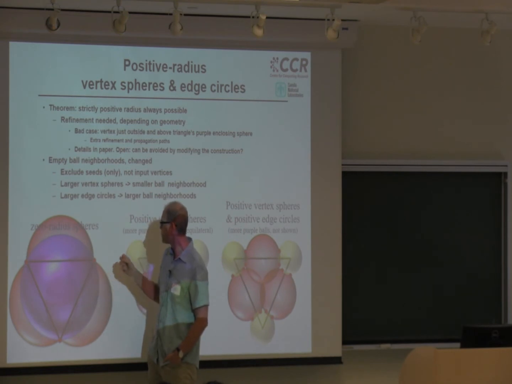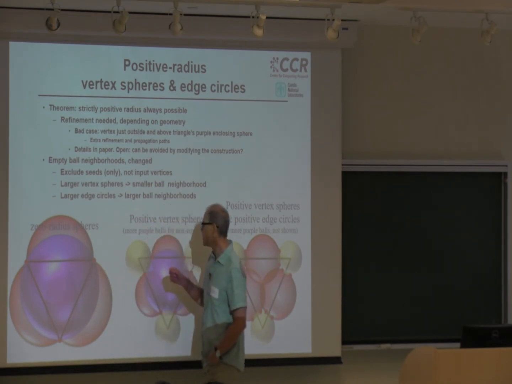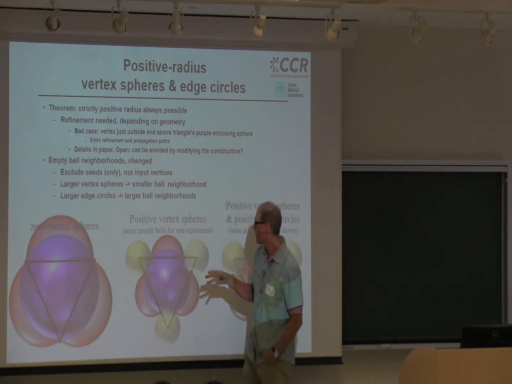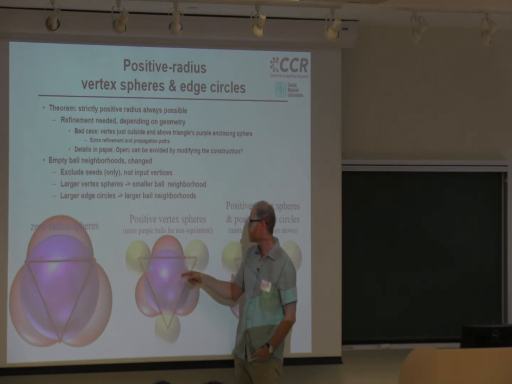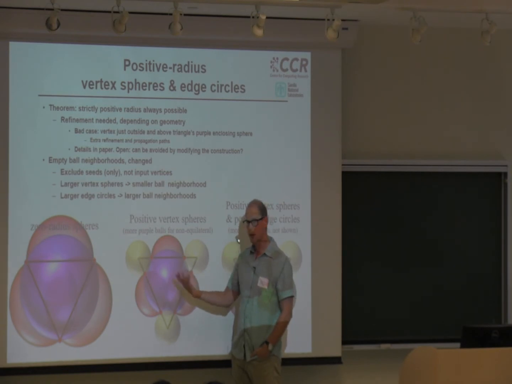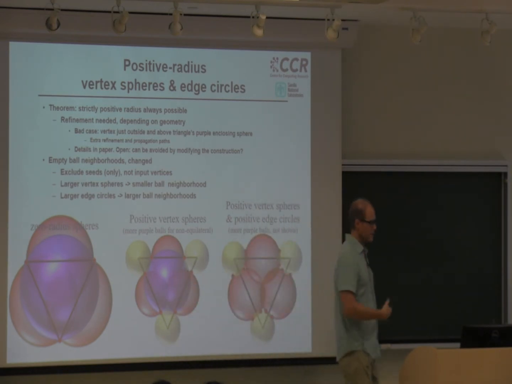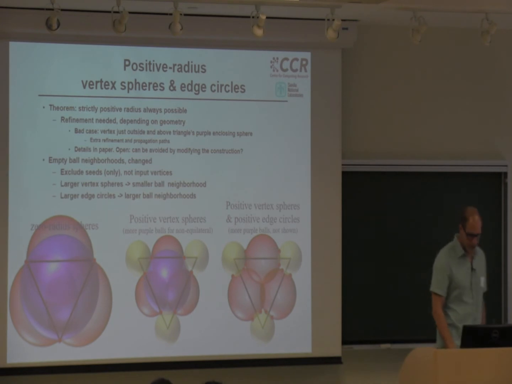As you grow the vertex sphere radii, the purple sphere shrinks, but the vertex sphere around the fourth point grows, and then they start to intersect. And so you need yet more refinement beyond the non-obtuse condition we had previously.